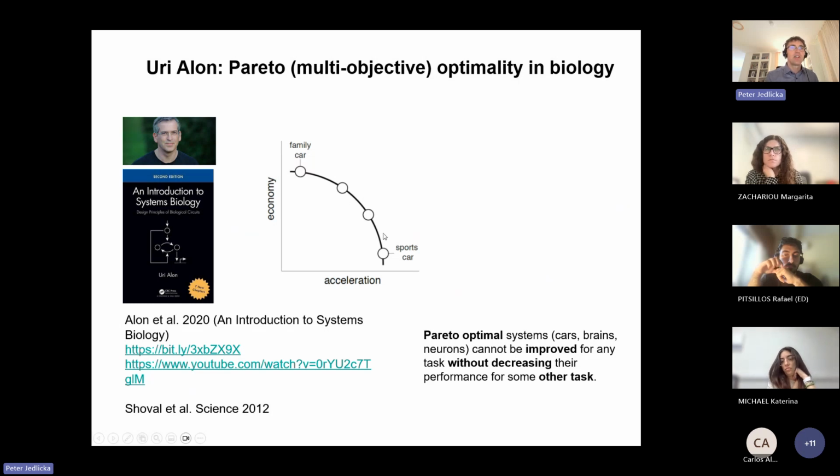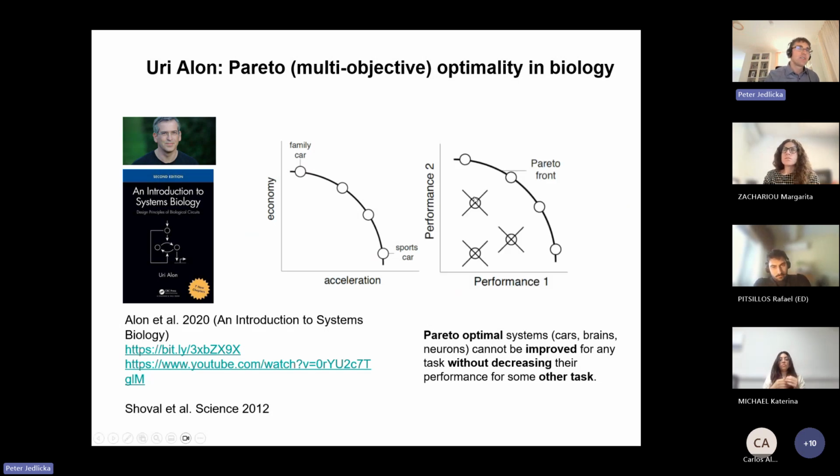For example, a car can be optimal for acceleration, but then it is very expensive, or it's very cheap, but then it cannot accelerate very well. According to Pareto optimality, all these cars would be equally optimal for the combination of the two objectives, right? But all the cars below this Pareto front would be suboptimal. And the idea is that evolution removes these suboptimal points from the performance space and from the parameter space.